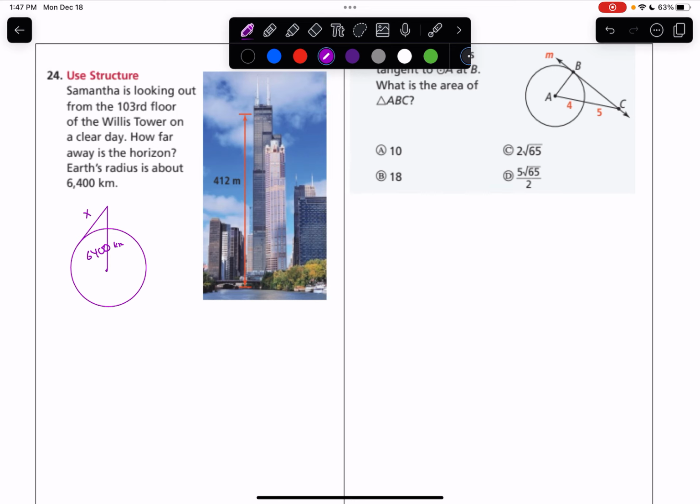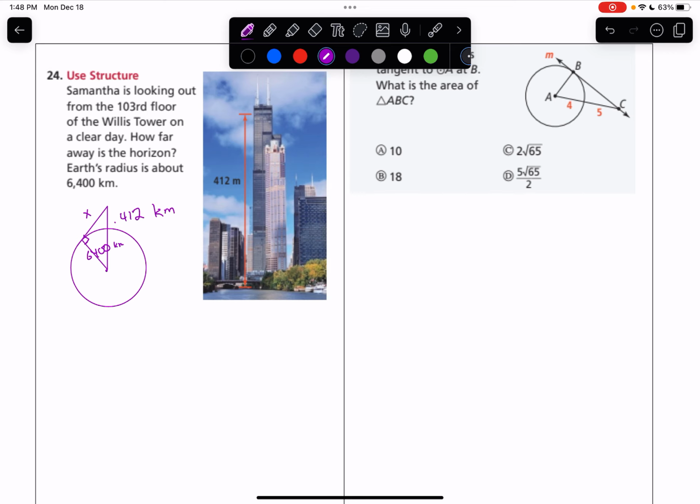So I know a few things. I know that the radius of the Earth is 6,400, and anywhere that I draw the radius, so over here as well, that's 6,400. I know that the Willis Tower is 412 meters tall. I'm going to turn that into kilometers by moving the decimal 3 places to the left, so 0.412 kilometers tall. And I know that anything tangent to my circle will be a right angle. So I have this right triangle.